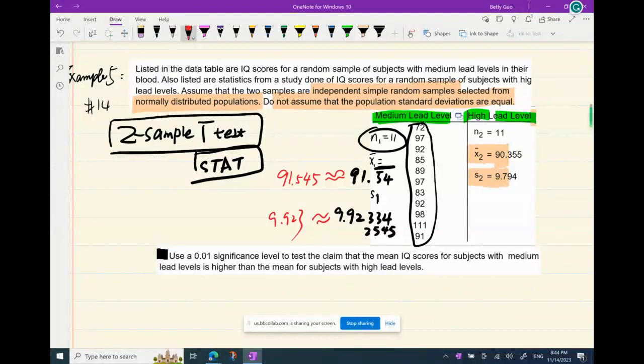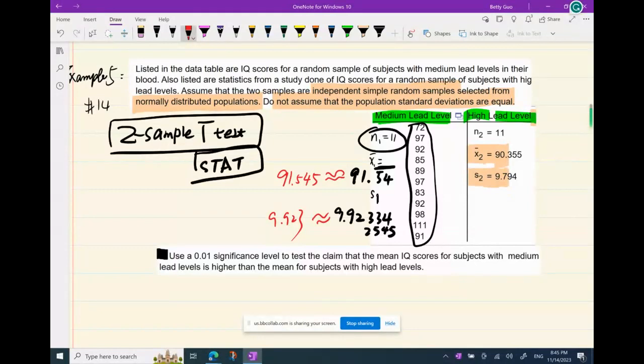91.545, round to 3 decimal places. Same with the second sample. S sub 1, 9.923. And this one is 11, and this one is 90.355. And this one is 9.794.